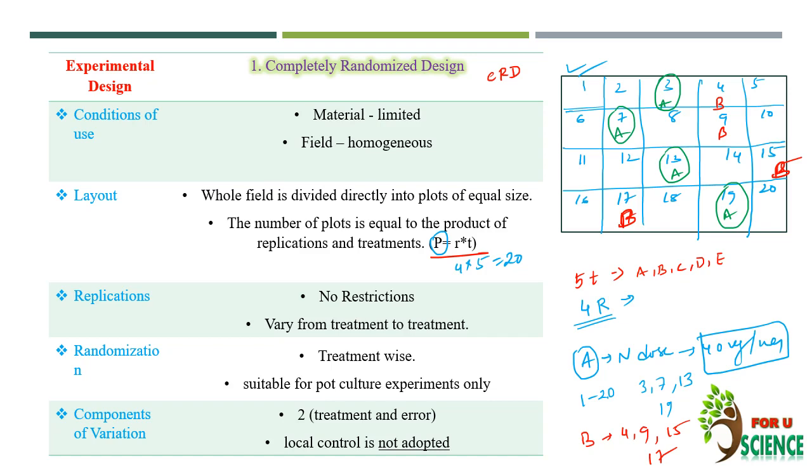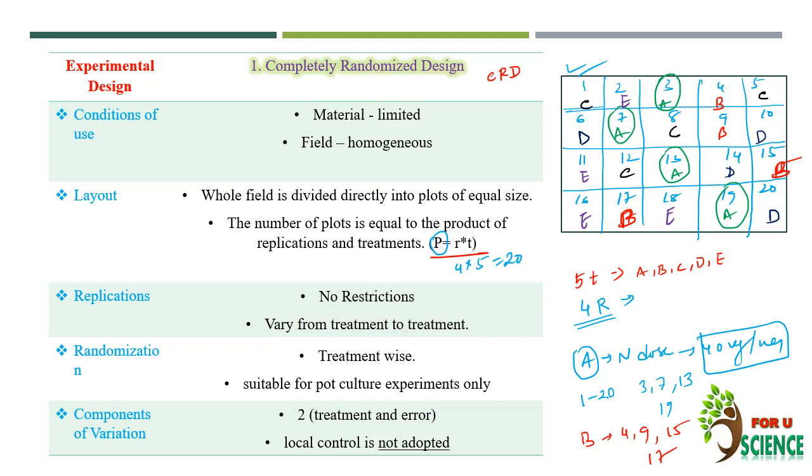Similarly we can do the same for C, for D, and of course for E we use the same way of allocation. This is how we can allocate or randomize the completely randomized design.